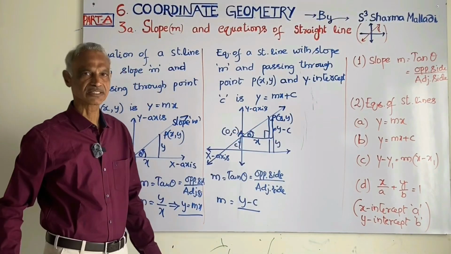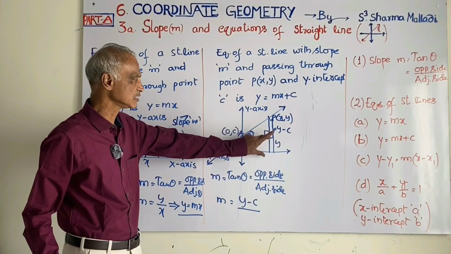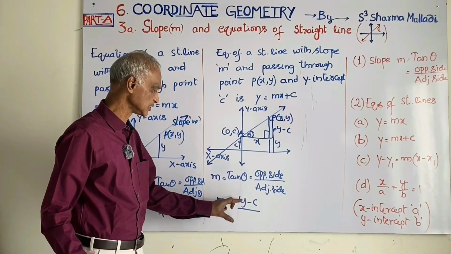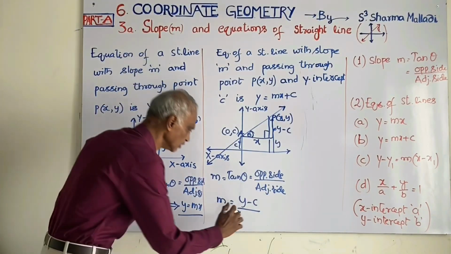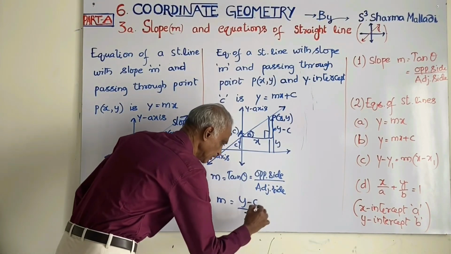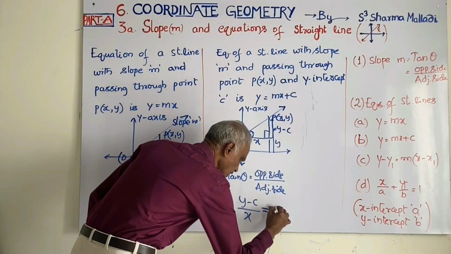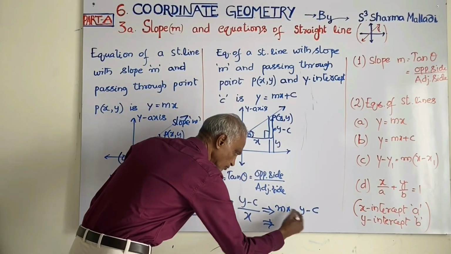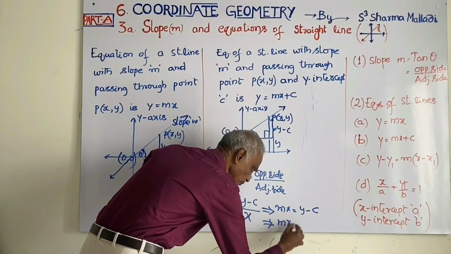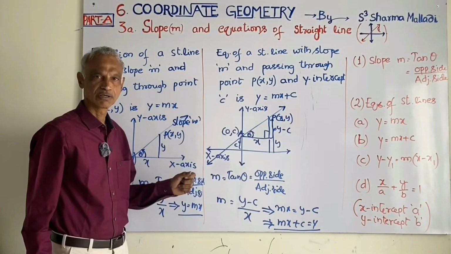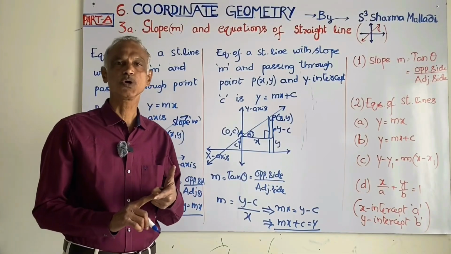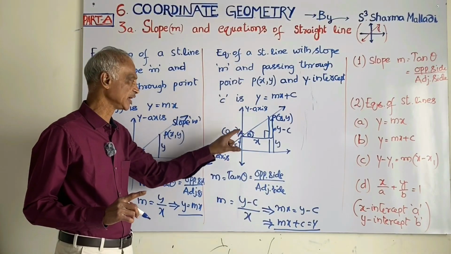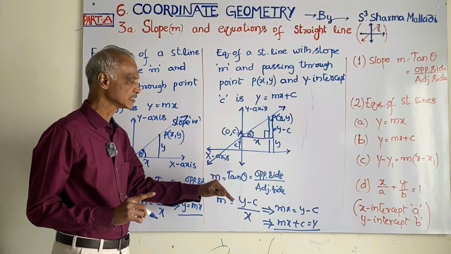Opposite side is y minus c, adjacent side will be x. m into x, mx is equal to y minus c. y is equal to mx plus c. Therefore, equation of a straight line with slope m and passing through p x y, having y-intercept c, is y is equal to mx plus c.